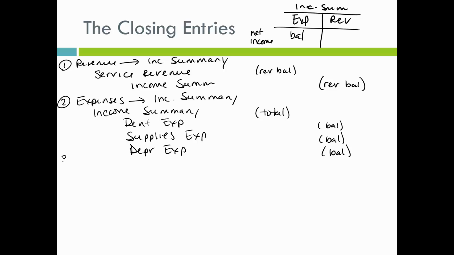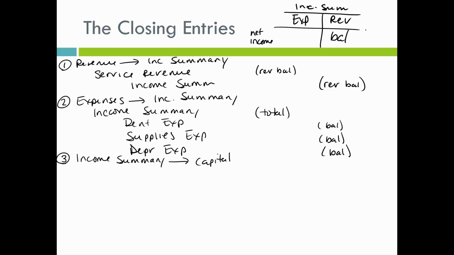So the third step, and this is the one where people sometimes go wrong. The third step, I want to close income summary to the capital account, which means I want to give that net income to the capital account. So income summary should have a credit balance, right?